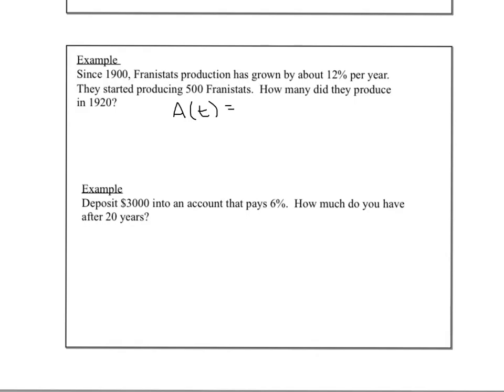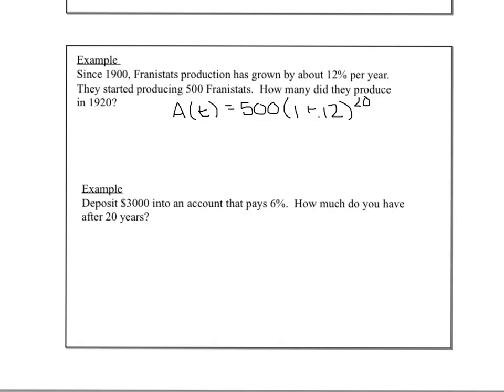The initial amount was 500. It's growing at a rate of 12% per year, so my R is 0.12. They want to know how many they produce in 1920, so that's 20 years after 1900. My T is 20.